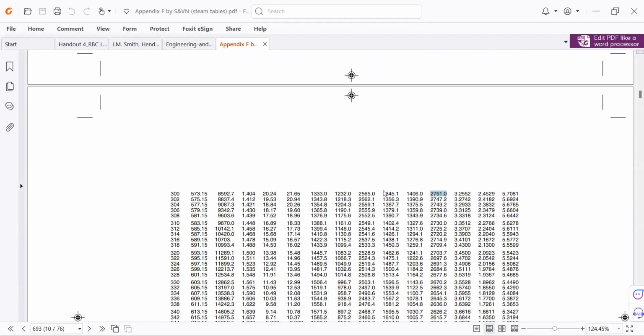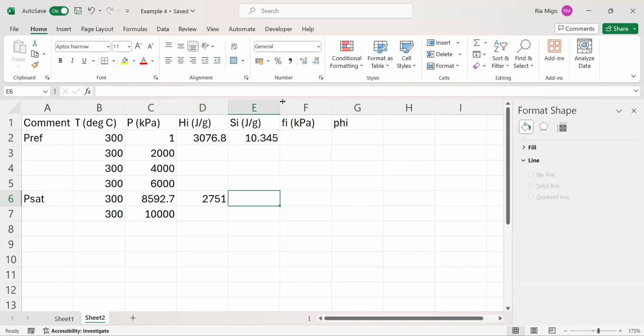So we write that 2751. Let me double check. Okay, all right. So 2751, and then for the entropy, it's 5.701. So these are the saturated vapor properties.